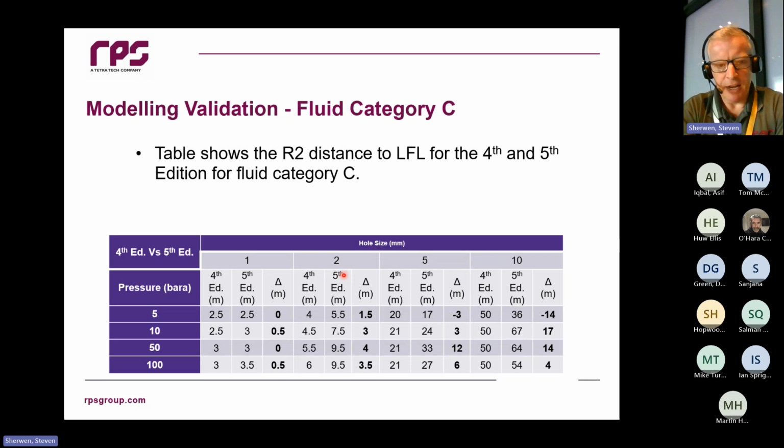Okay, and again, the findings that we pulled out from the modelling follow a similar pattern that we've seen before. Slight changes for the small hole sizes, slightly bigger zone extents for the bigger holes.